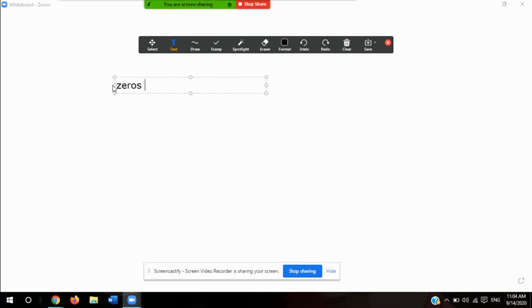Zeros appearing between non-zero digits are significant.